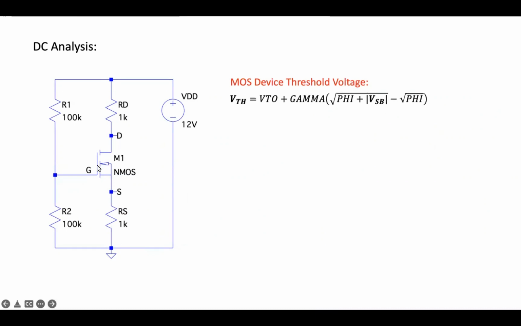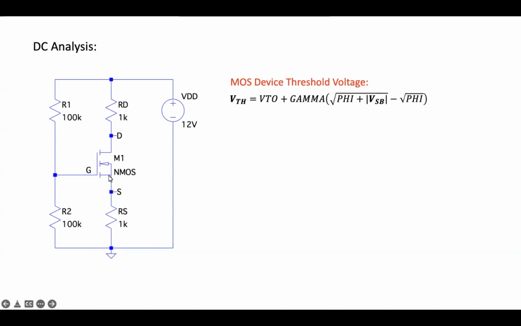Check the schematic diagram if the bulk is not connected to the source terminal. So if bulk is shorted or connected to the source, that means the voltage between the bulk and source equals 0. Therefore, if VSB is 0, VTH will be equal to parameter VTO.